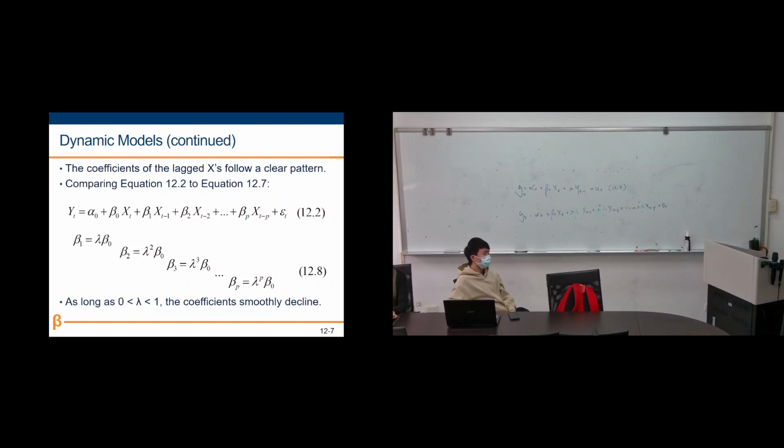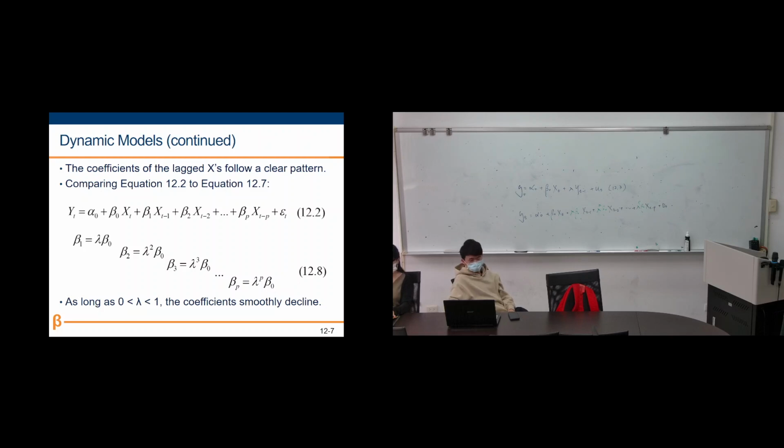This is what we're saying: the coefficient smoothly declines. Okay? Any questions so far? Do I make it clear? Understand this one? So this is all theory, according to the theory.